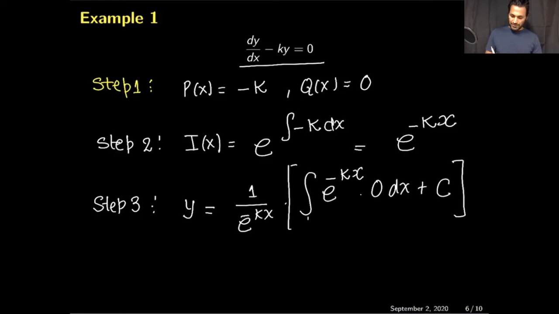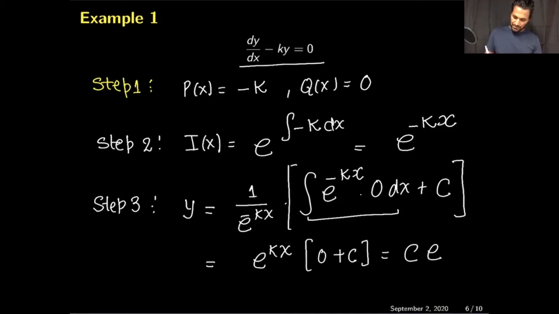So this is 0 times e to the power minus kx, which will become 0. Therefore, this is 0, so we get e to the power kx. I can move e to the power kx to the numerator and switch the sign. And this is going to become 0 plus c. So the general solution is c times e to the power kx.